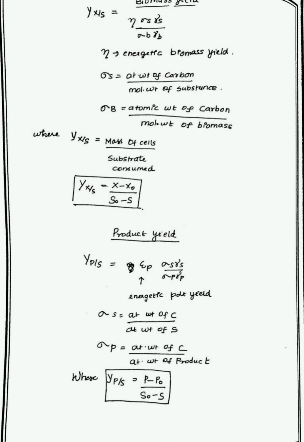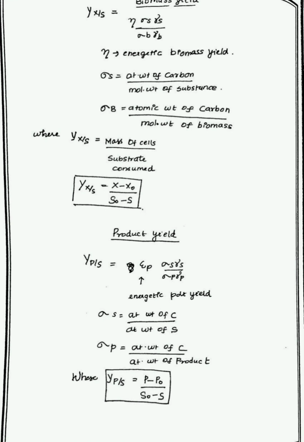In our very first equation we have seen a term for product also, where the product synthesis introduces one extra unknown stoichiometric coefficient to the equation. We have seen A, B, C, D, E, right? So F will be involved in the case of product formation. This is usually provided as another experimentally determined yield coefficient, that is product yield from substrate, Y of PS.